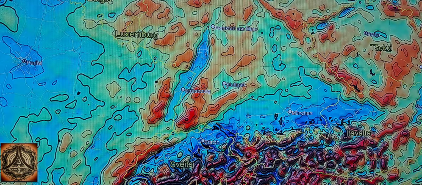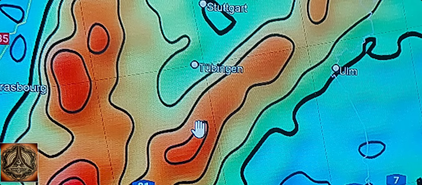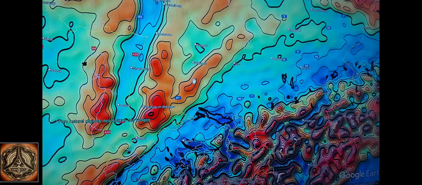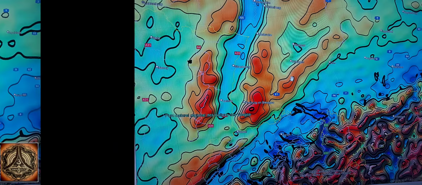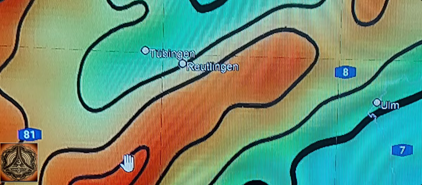Probably a bit more to the north. It's approximately where the hand is. Stuttgart, Tübingen, Reutlingen. And Reutlingen is quite close to Albstadt.